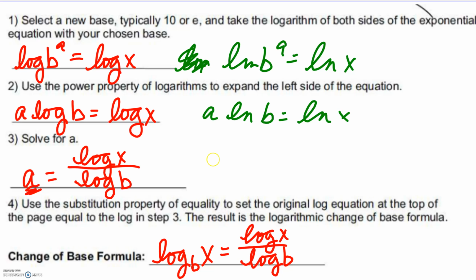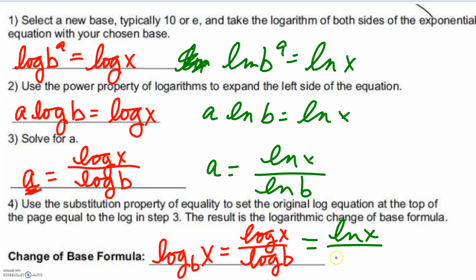Then we would have had a equals the natural log of x over the natural log of b. So then log base b of x would be equal to the natural log of x over the natural log of b. And you can change it to whatever base you want.